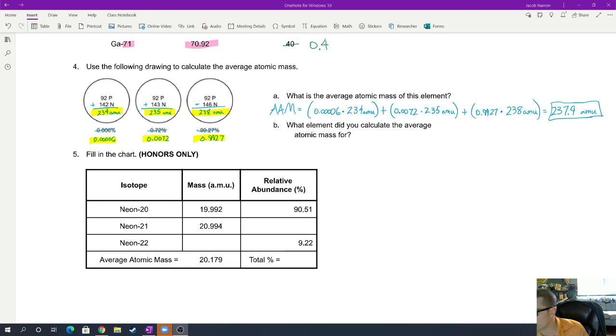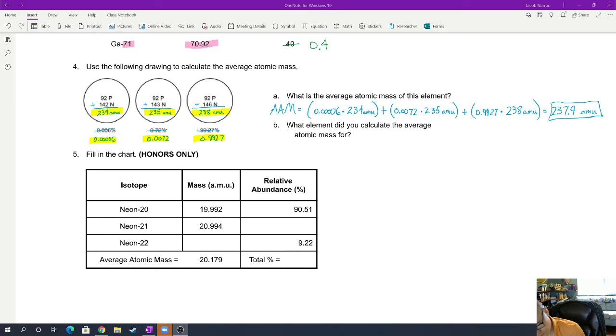Okay, guys, we're almost done. It says it's for honors only, and you know what? I think that you need to do it. So here we go. For this, we're given some of the information. We're not being given all the information. But luckily, because you know how percentages work, you should be able to fill in everything that you need.